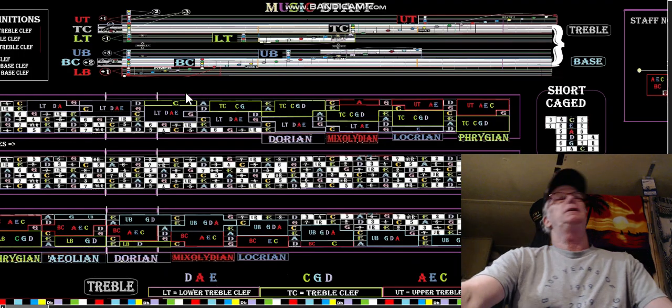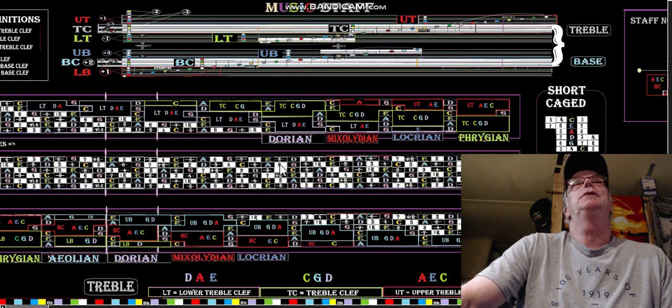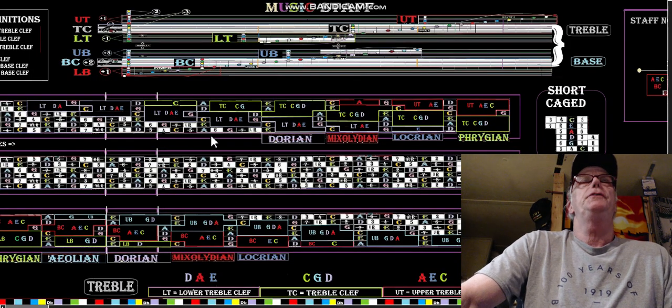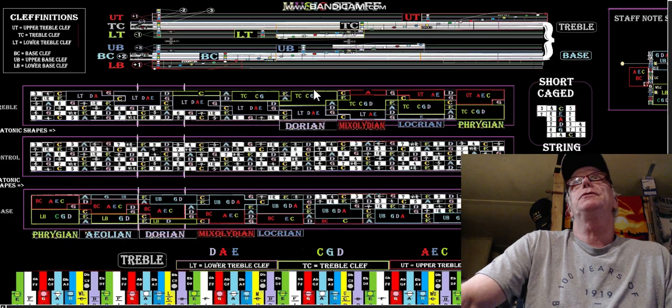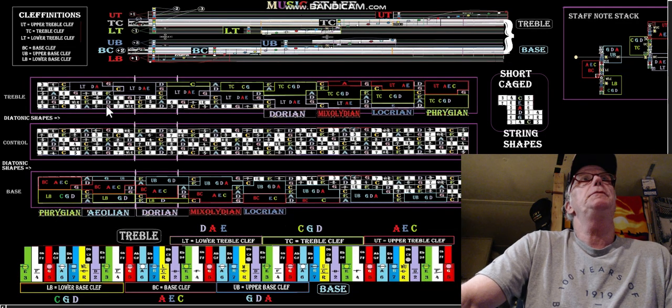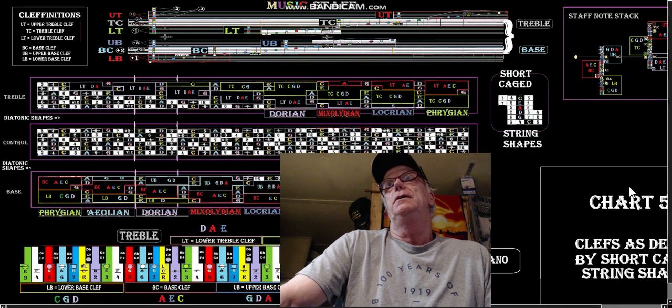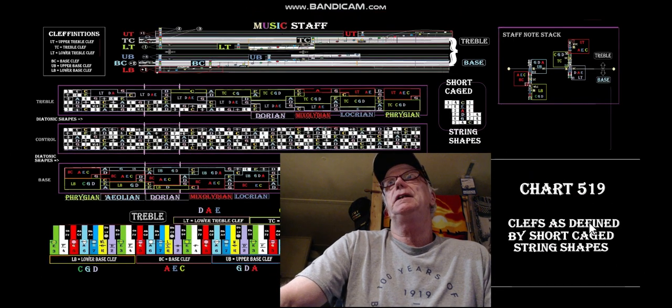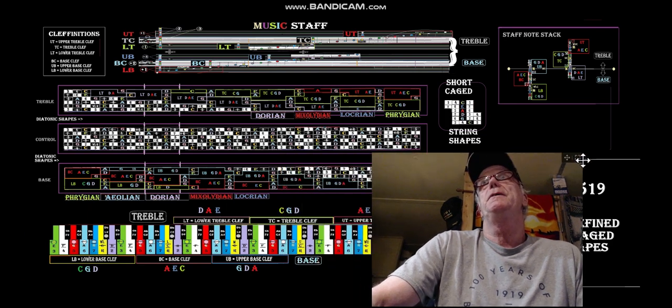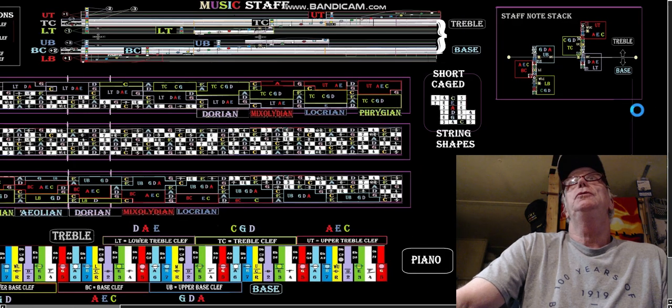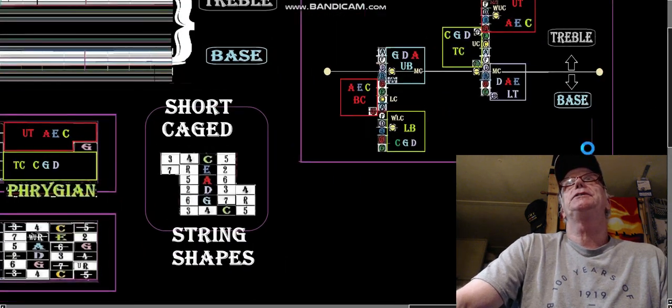Now, so we can bring the lesson to a close. This was very important, the way that we defined. Here we define the clefs as defined by short cage string shapes. Look once again at the pattern stack.